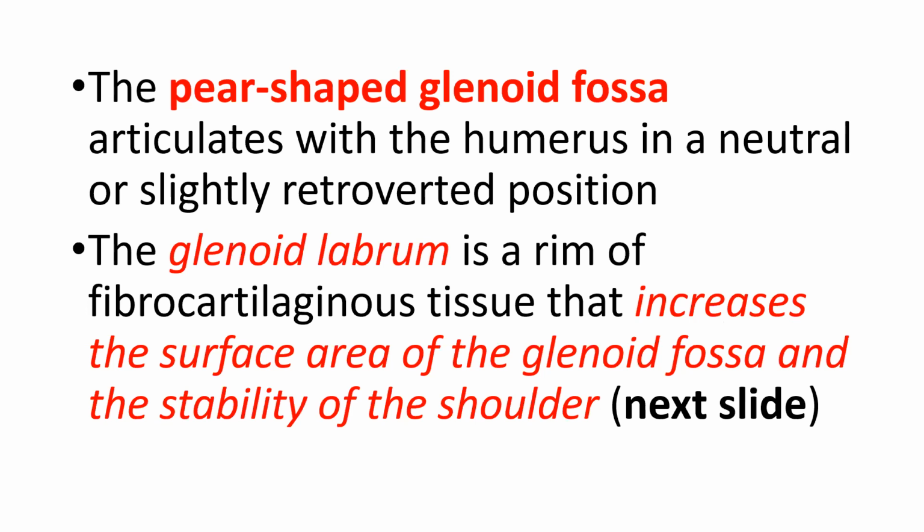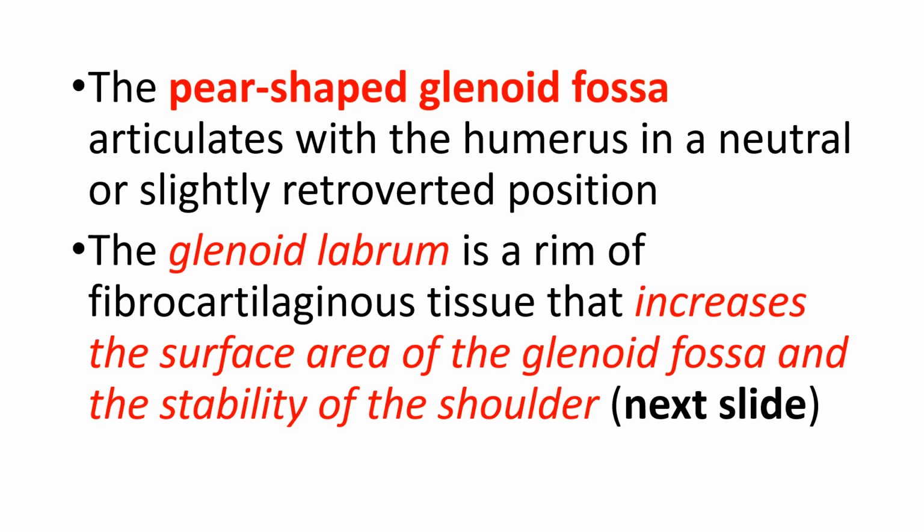Because the head of the humerus is larger than the glenoid. So the glenoid labrum, which is a fibrocartilaginous structure, deepens the glenoid and increases the stability of the head within the glenoid. It also helps in creating a negative pressure, meaning it sticks the head within the glenoid as the deltoid is preparing to function.